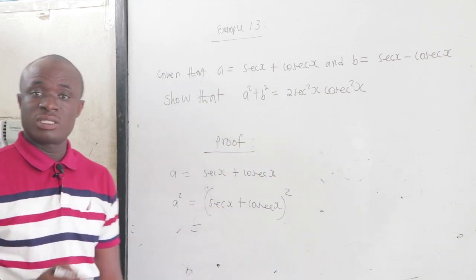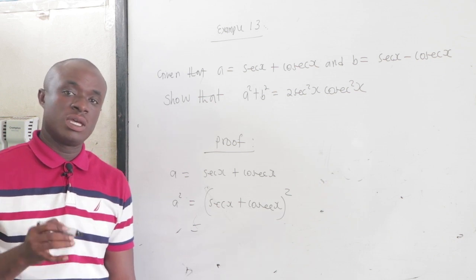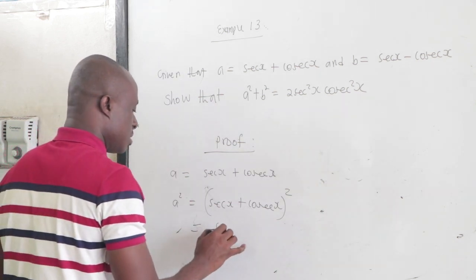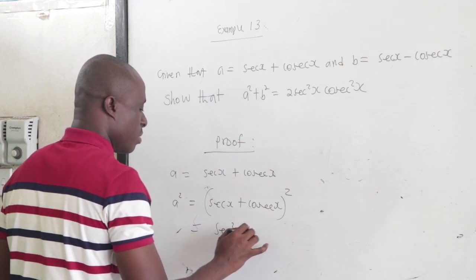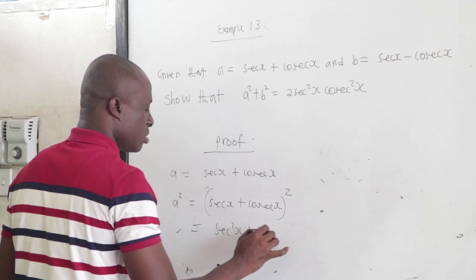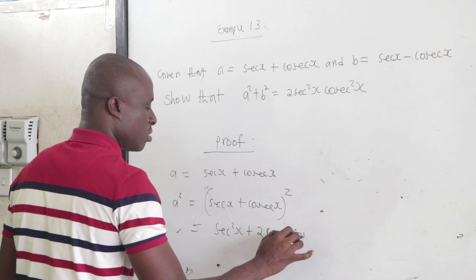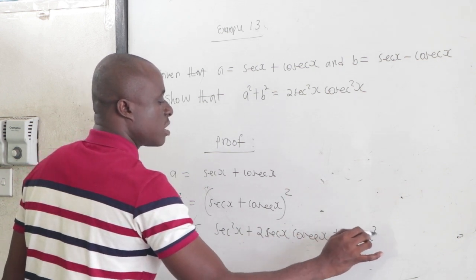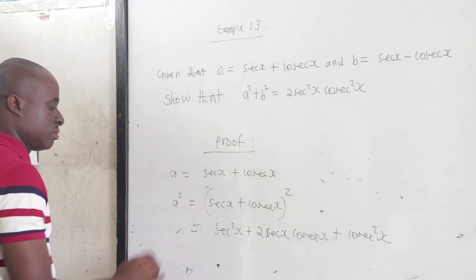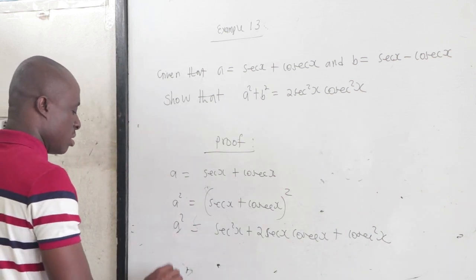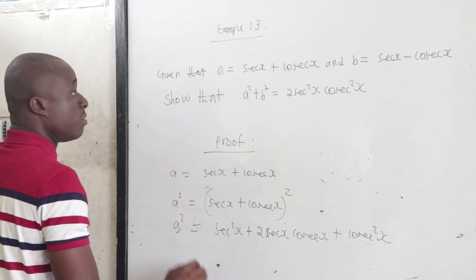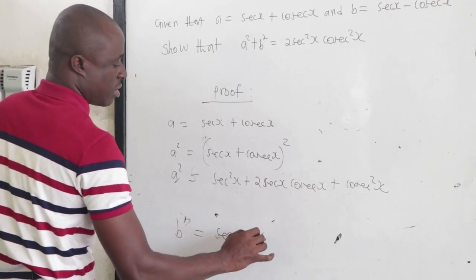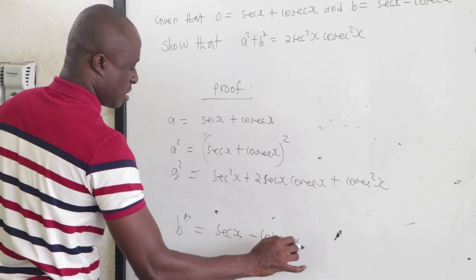Now, this square is of the form a plus b also, which is a square plus 2ab plus b square. So this is just sec square x plus 2 sec x cosec x plus cosec square x. That is our a square. Now, what is b? B was giving us sec x minus cosec x.